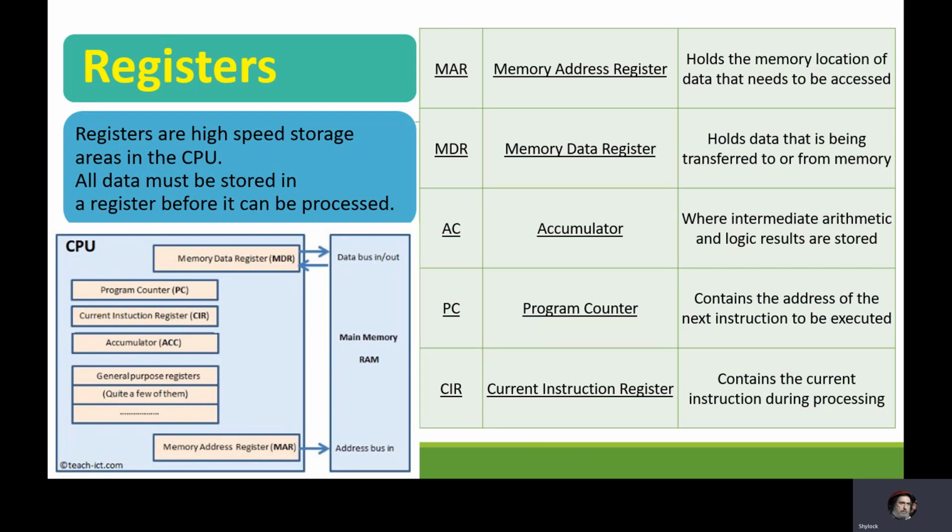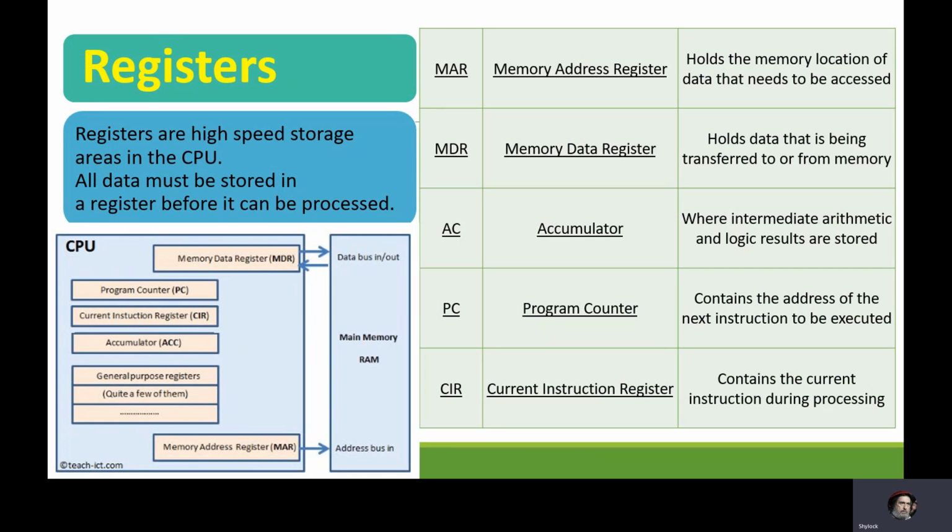Now here are some of the different registers and their functions. The MAR, memory address register, holds the memory location of data that needs to be accessed. The MDR, memory data register, holds data that is being transferred to or from memory.